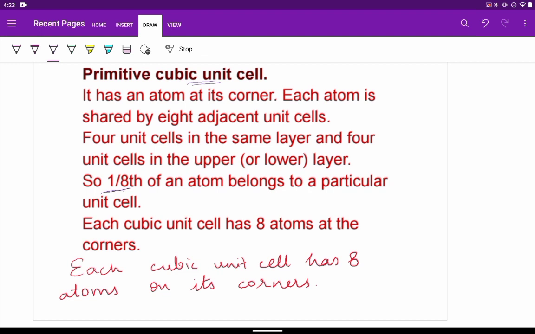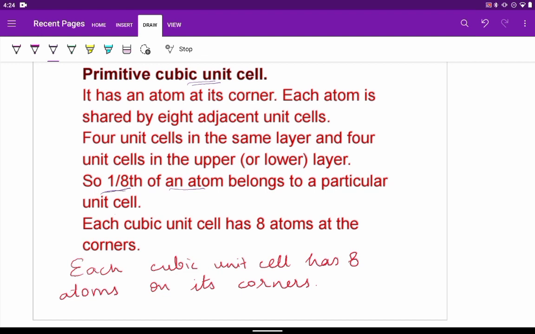But each atom will contribute only 1/8 to each unit cell because each atom is shared by 8 adjacent unit cells. So how much share of each atom is for one cell? 1/8. 1/8 of an atom can belong to a particular unit cell.